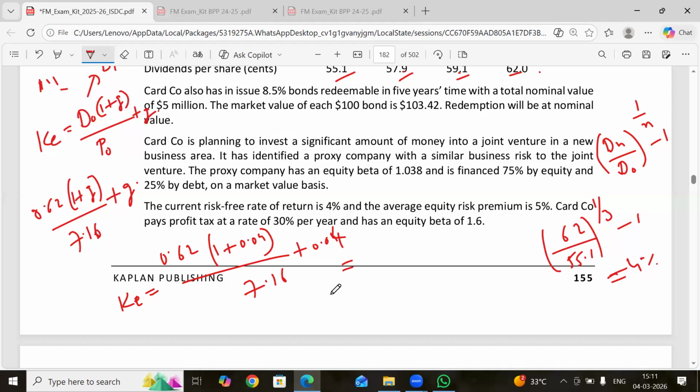0.12, sir. It is 12%. 0.62 into 1.04 by 7.16. We'll just do the calculation part. 0.62 into 1.04 divided by 7.16 plus 0.04. It's 0.13 into 100. It is 13%.